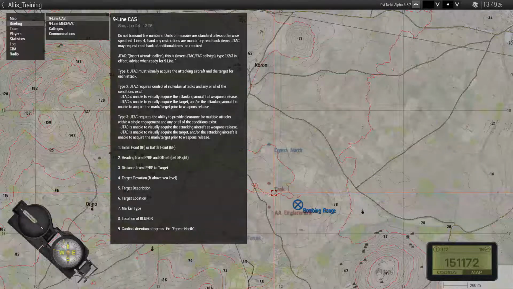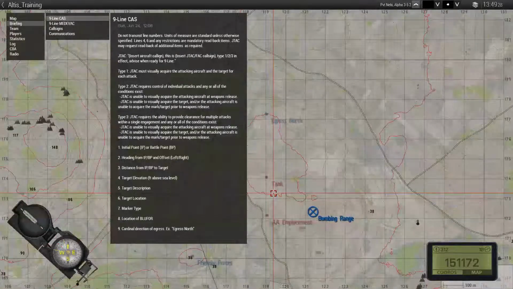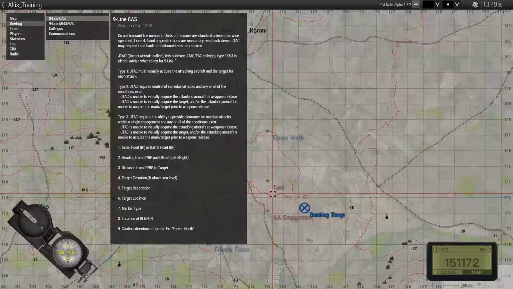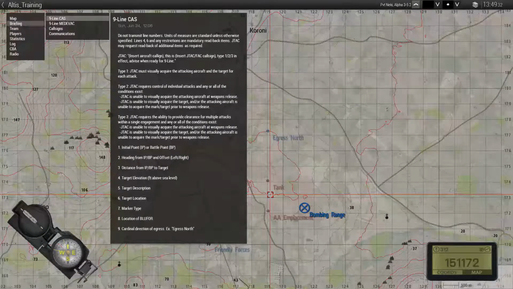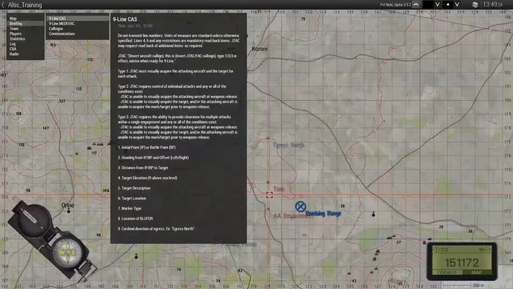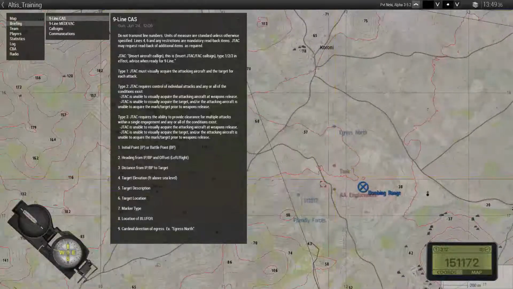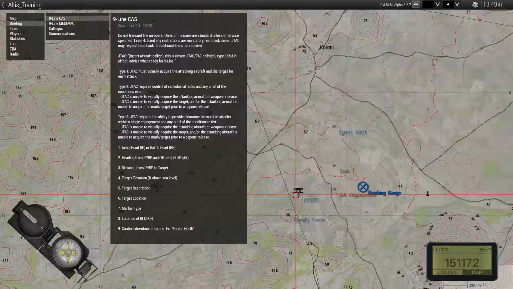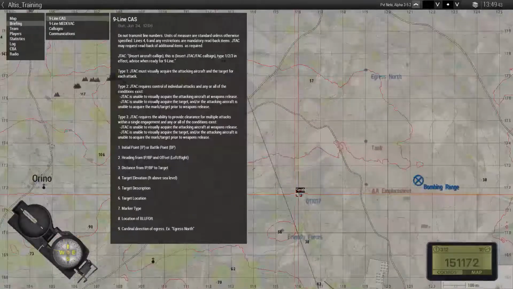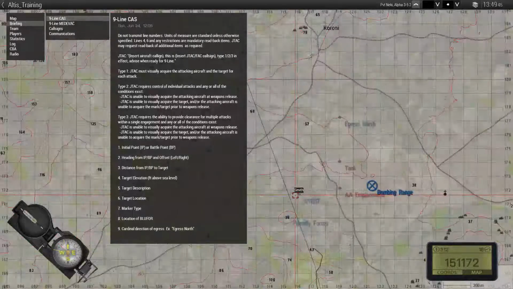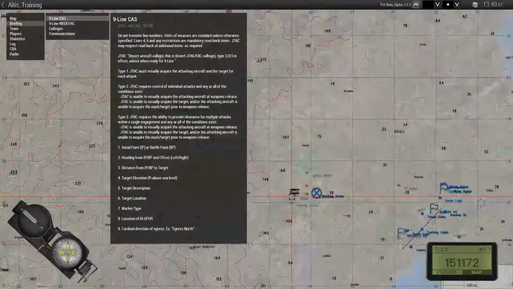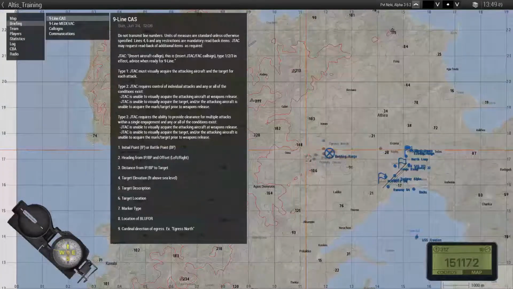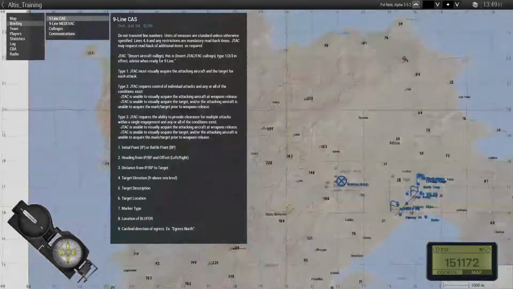Target grid 011017, break. Mark type: talk on, break. Friendly position: FOB, break. Egress position: north of target, break. Over.